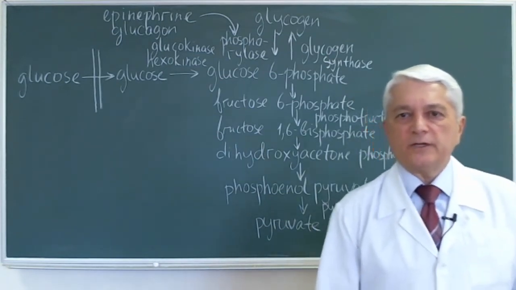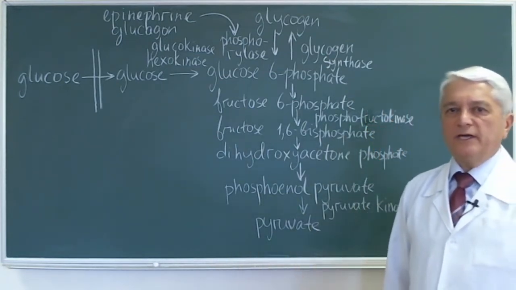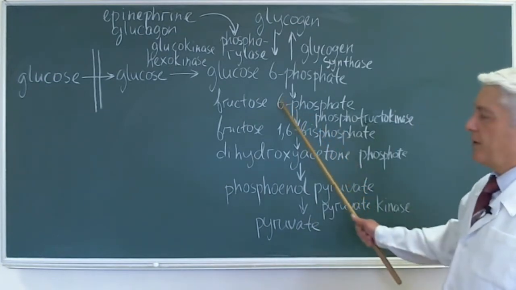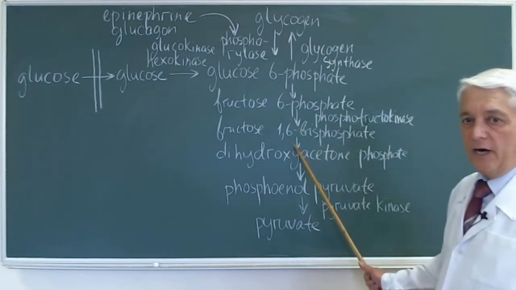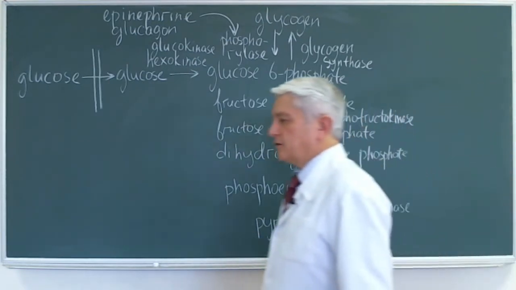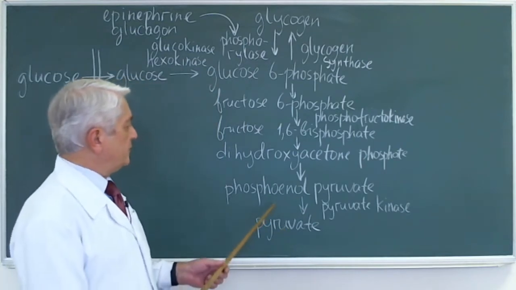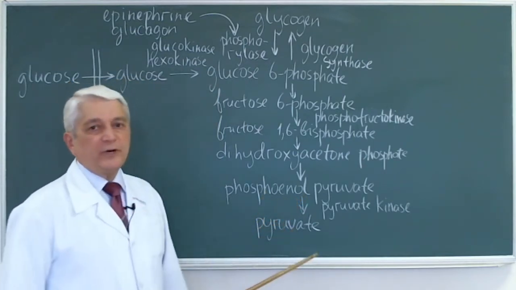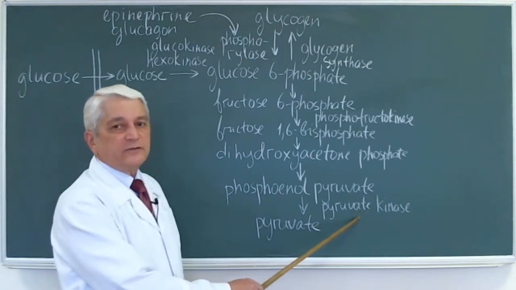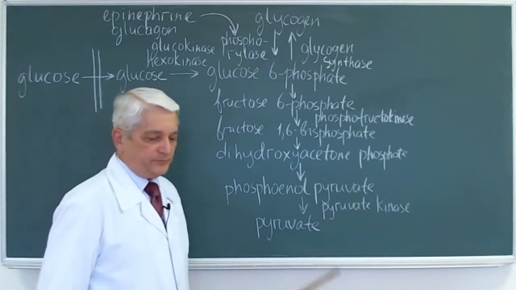Phosphofructokinase is the main regulative enzyme of glycolysis. And this reaction is also irreversible. And the third irreversible reaction is transformation of phosphoenol pyruvate to pyruvate. Reaction with the enzyme pyruvate kinase.